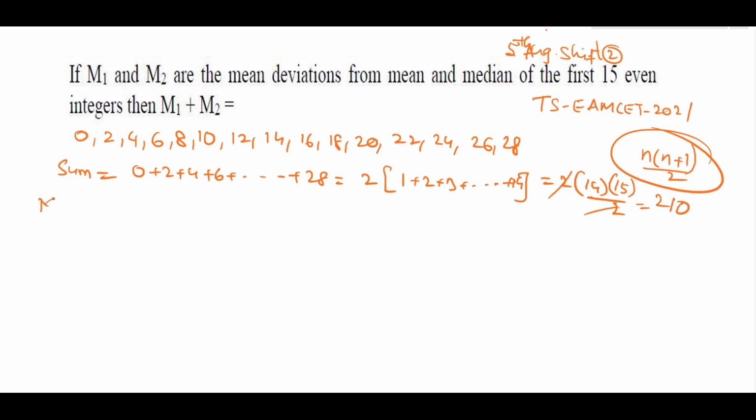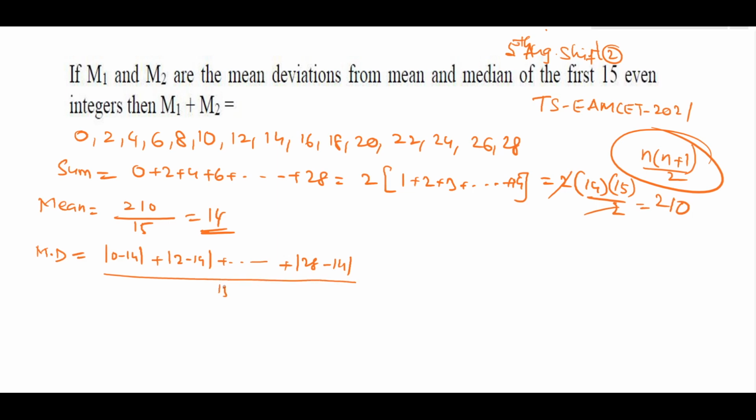Now we find the mean. Mean is equal to the sum of the numbers, 210, by the total numbers, that is 15. 210 by 15 is equal to 14. This is the mean. Now we find the mean deviation about the mean, that is modulus of 0 minus 14, the first one, plus modulus of 2 minus 14, plus up to the last value, modulus of 28 minus 14, by the total numbers, 15.